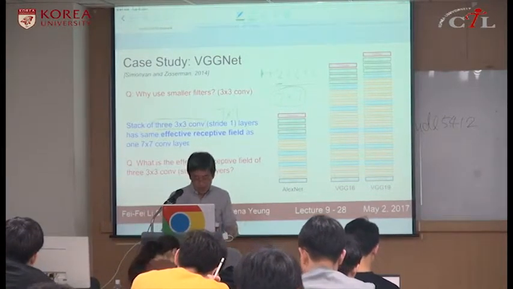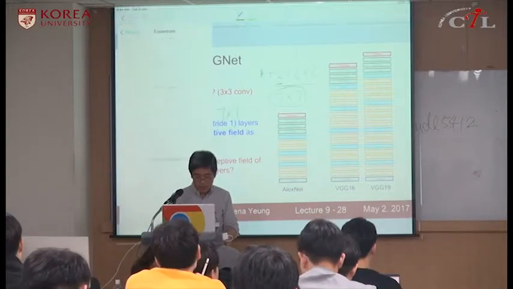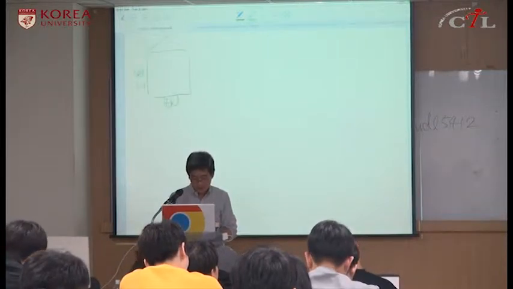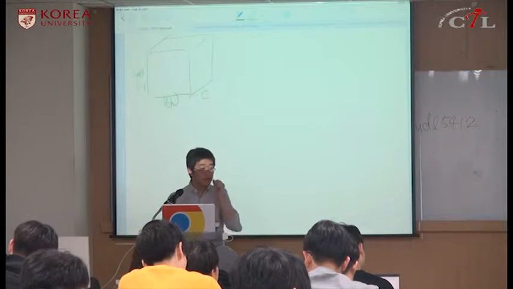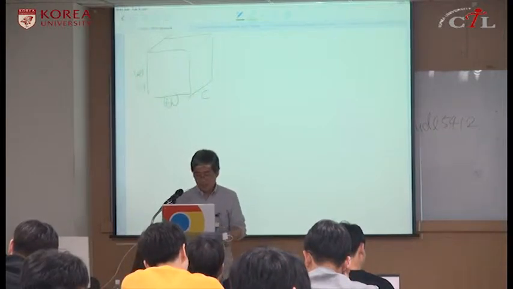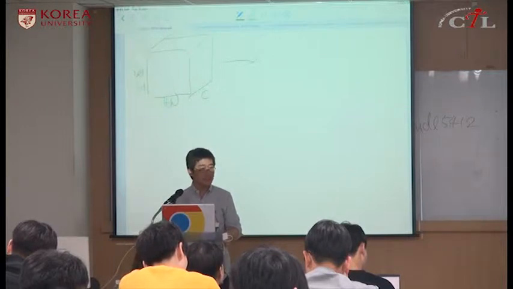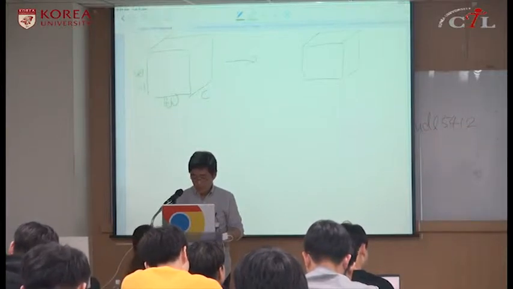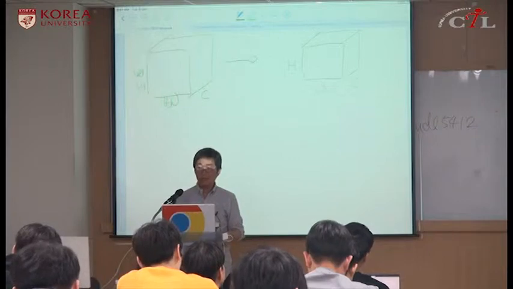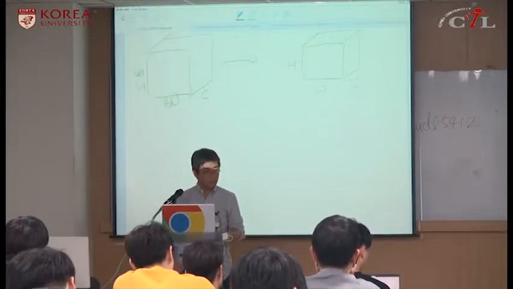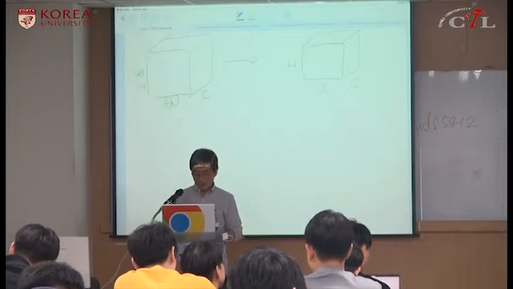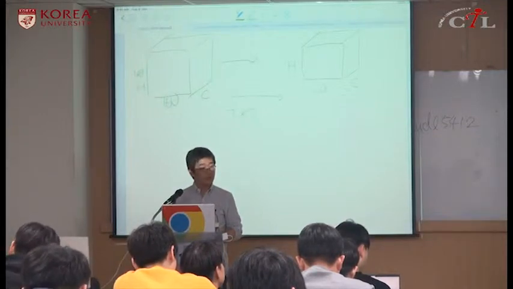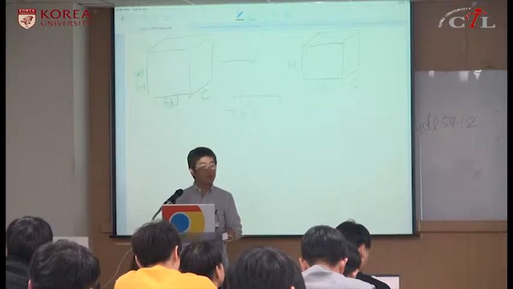Now, in this particular case, we are considering a situation where we have width and height, and some channel number C. I mean the number of channels in an input activation map is C. Let's suppose we want another activation map that still has the same channel size C. Let's compute the number of parameters when applying the single layer convolution with a 7 by 7 receptive field.